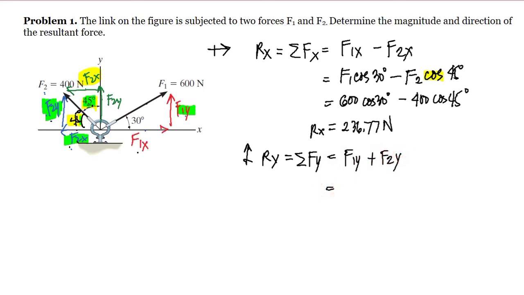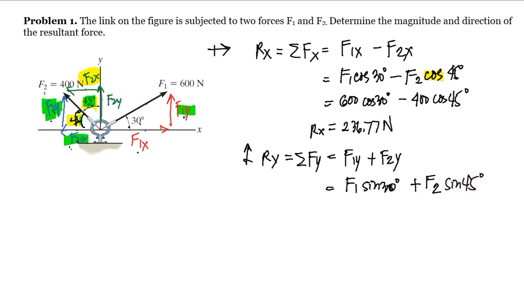F1y is the opposite side of the angle 30, so that is F1 sine 30, plus F2y, which is the opposite side of angle 45, so F2 sine of the angle 45.